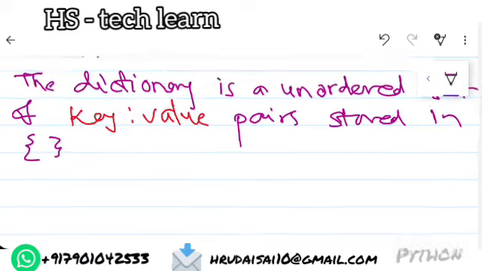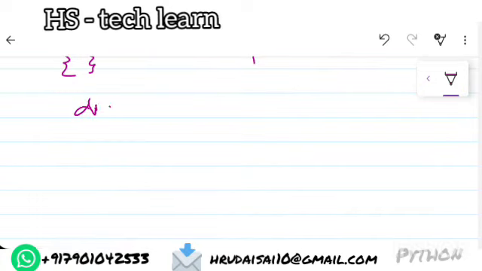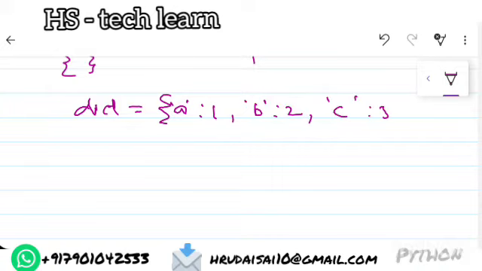We will take an example here: A is to 1, B is to 2, C is to 3.